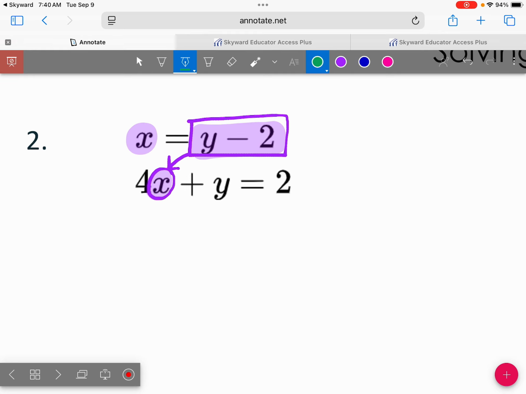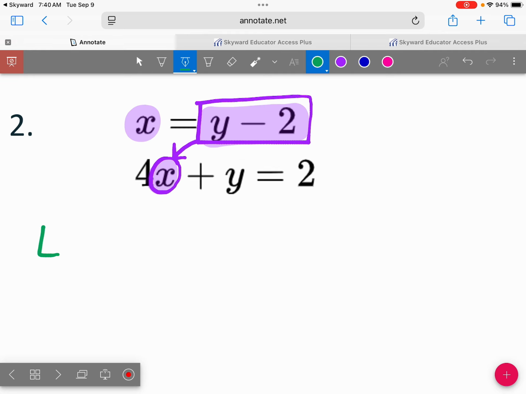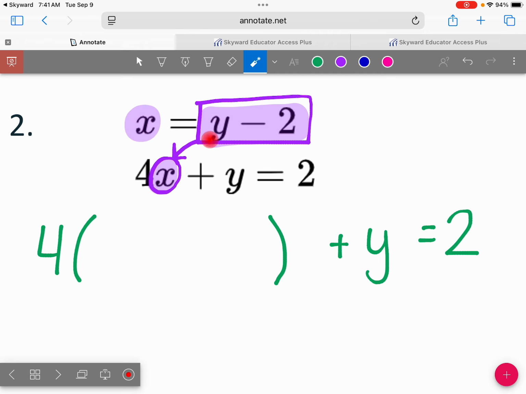Because when we put these together, we're going to wind up with 4 times something plus y equals 2, because that x is what we're substituting into. So I'm going to put in my y minus 2 in place of the x. We're smushing these two equations together.